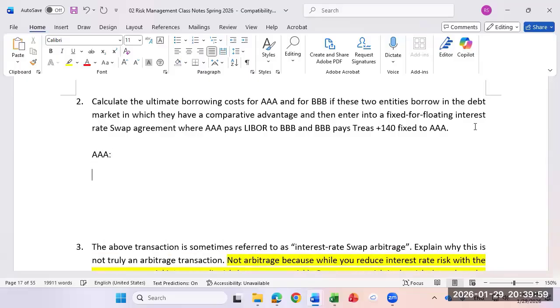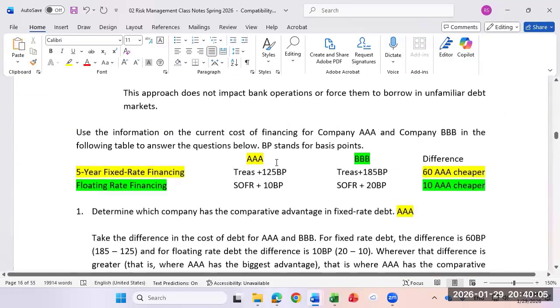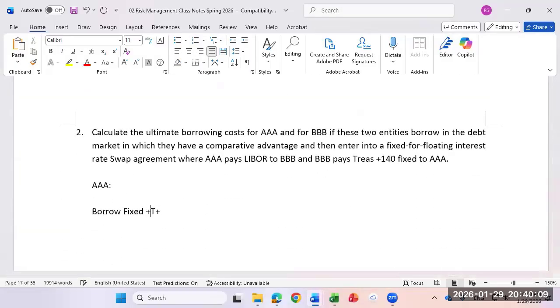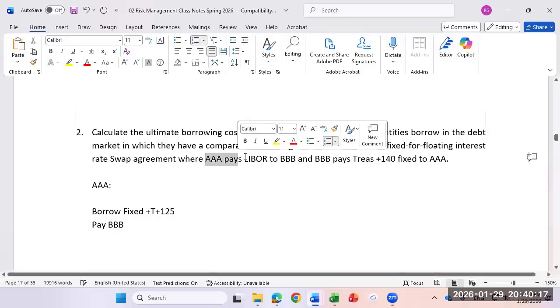AAA is going to borrow fixed at treasuries plus 125. So they pay treasuries, they pay 125, that's fixed. They're gonna pay triple B what? SOFR.